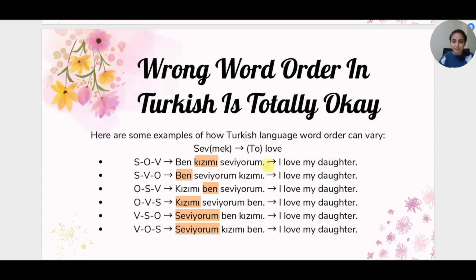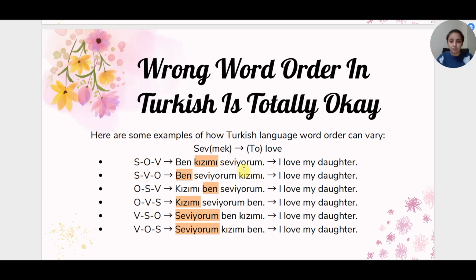And you will see there is a special name for these sentences, which are not exactly structured. Let's see the sentence. Ben kızımı seviyorum. Ben is I, kız is girl, kızım is my girl, which is daughter. And kızımı seviyorum is the accusative part, it is a specific object, and it is I love my daughter.